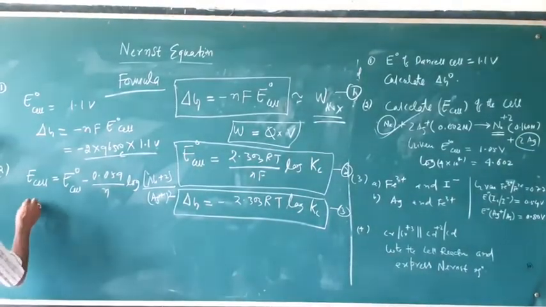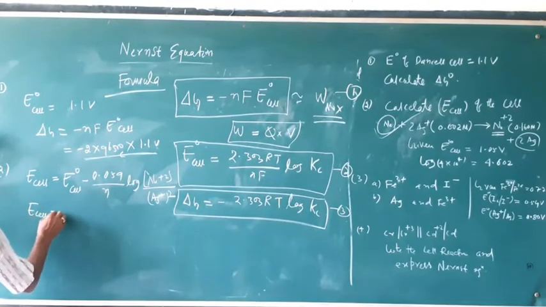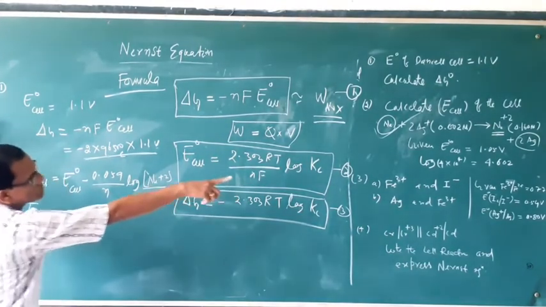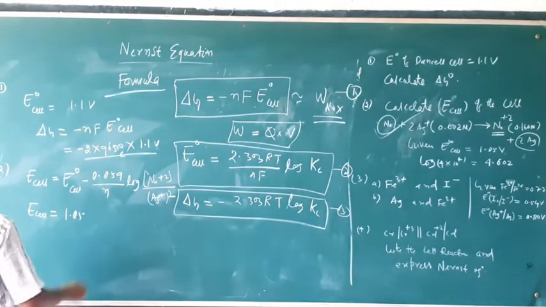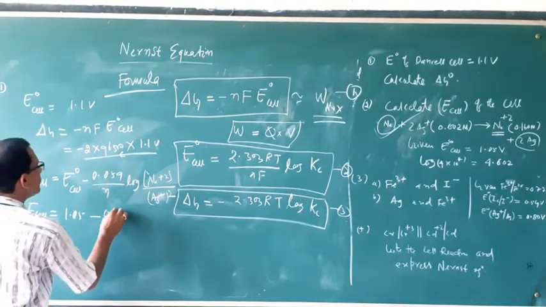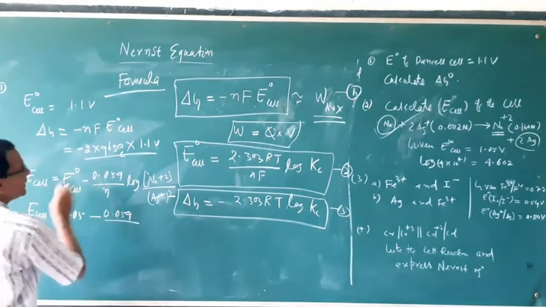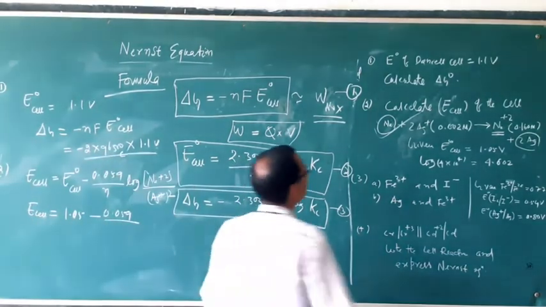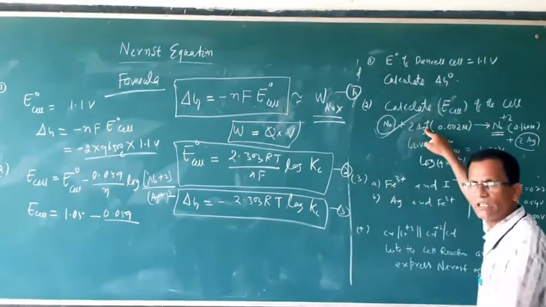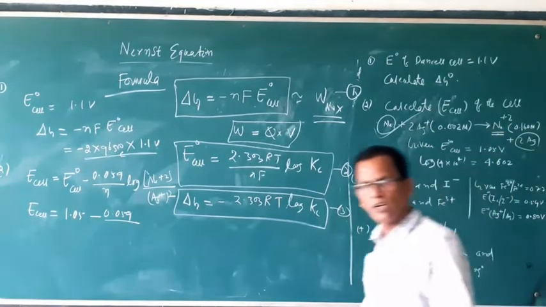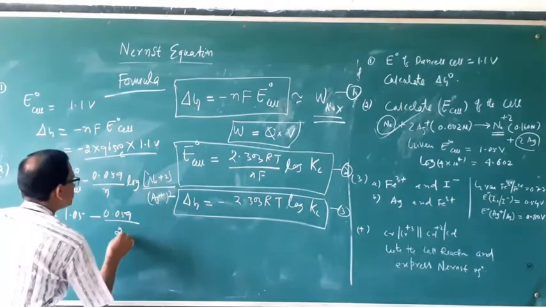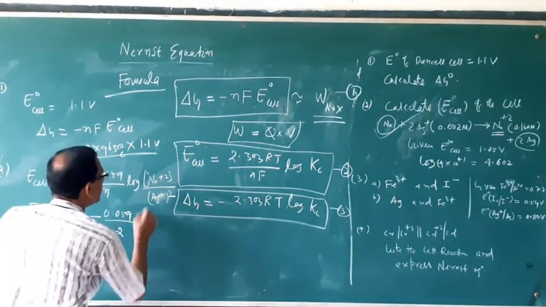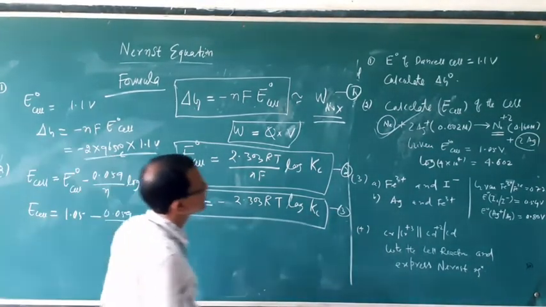Then you will put E cell is equal to E naught cell, which as per the question is 1.05. So you will put 1.05 minus 0.059 by n value. What is the n value? It will be 2, because 2 Ag plus take 2 electrons and nickel 2 plus also 2 electrons. Left side 2 electrons, right side also 2 electrons. So by 2, then log. What is the value of nickel 2 plus concentration as per the question?